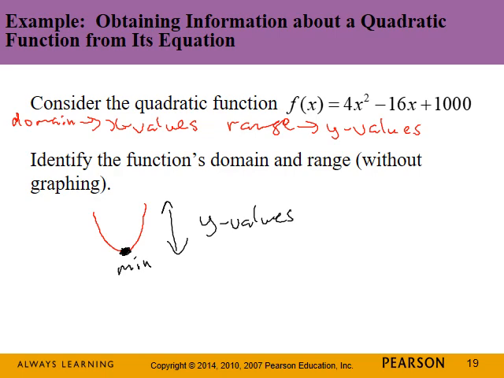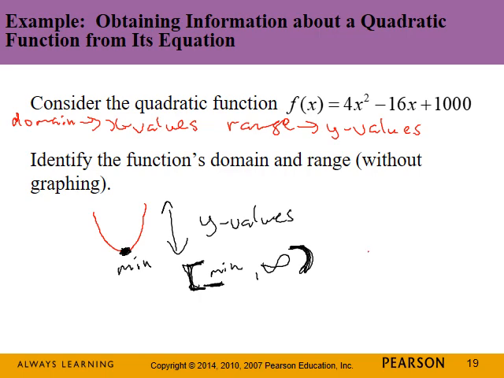That means whatever that value is will be the value here for my range, or make this brackets. The value here for my range would be my min, right? And then if you look at it, it goes up forever. So then I would end up at positive infinity for the upper part of my range.